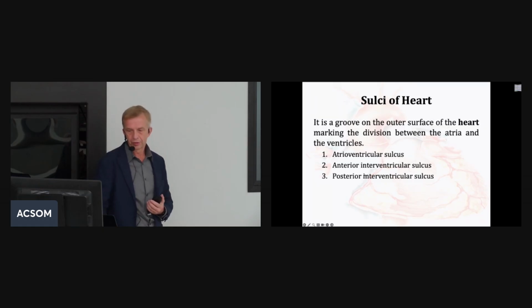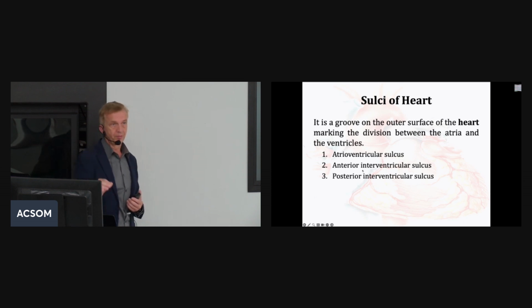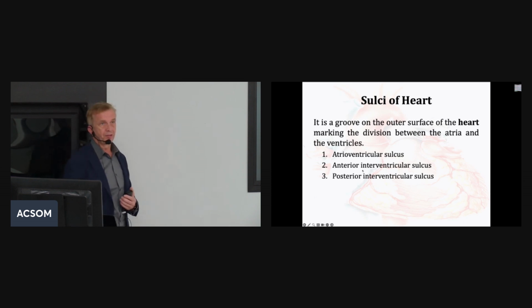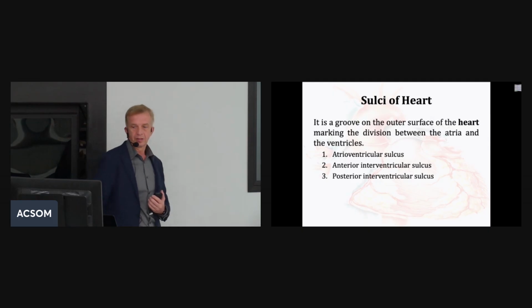One is the atrioventricular sulcus, which is between the atria and the ventricles, right and left atrium, and right and left ventricles. And then on the front portion, there is the anterior interventricular sulcus, and on the lower portion or inferior portion, there is a posterior interventricular sulcus.